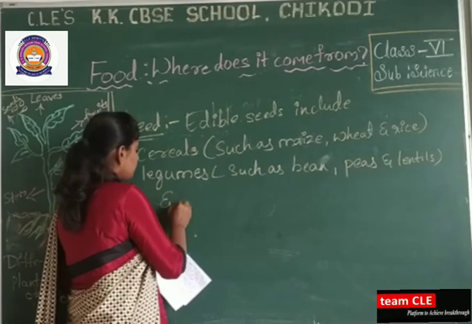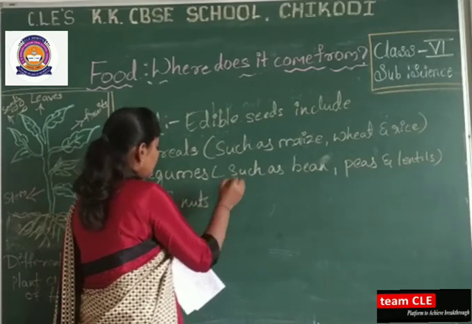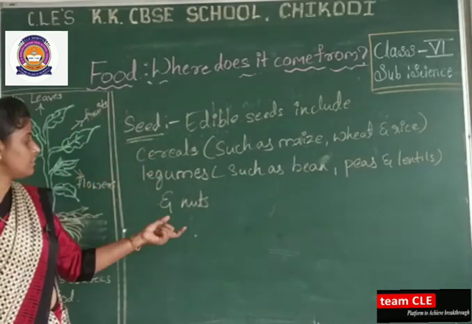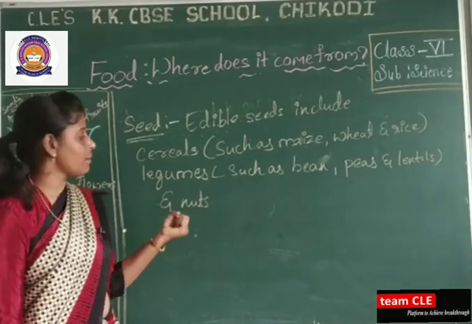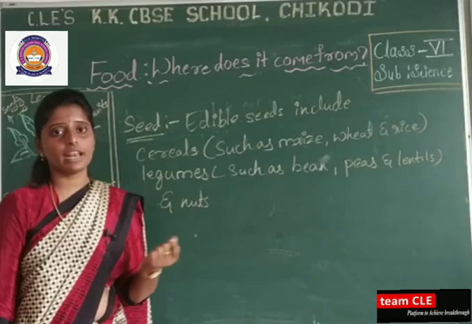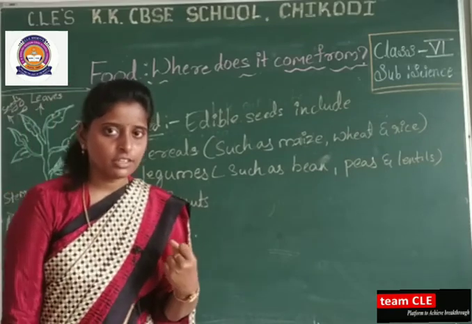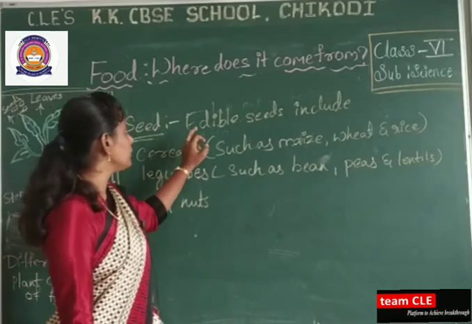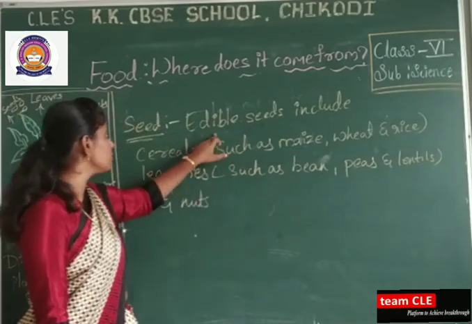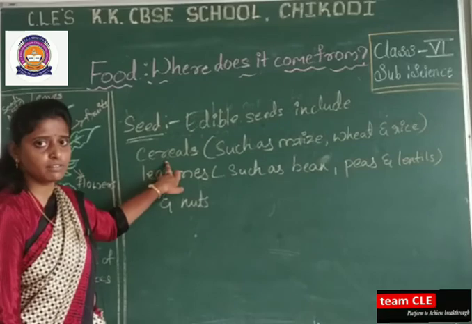And even the nuts also. Nuts are the ones we are consuming in our day-to-day life to get energy. Yes, these are the examples for seeds here. Okay, these are the edible seeds. Edible seeds include what here? Cereals.